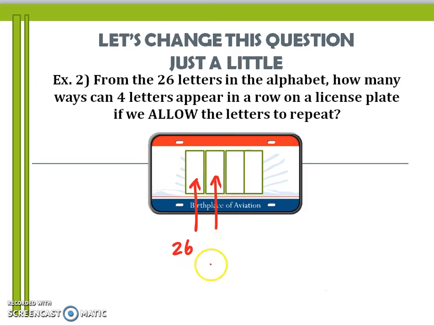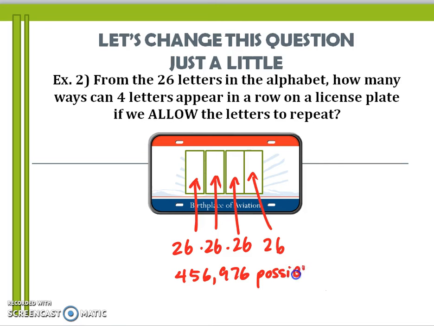The second slot, I also have 26 choices, because letters are allowed to be repeated. Again, 26 choices, and finally here, 26 choices. If you go ahead and you multiply these together, or you just say 26 to the 4th, you'll find that there's 456,976 possible ways to arrange these letters.